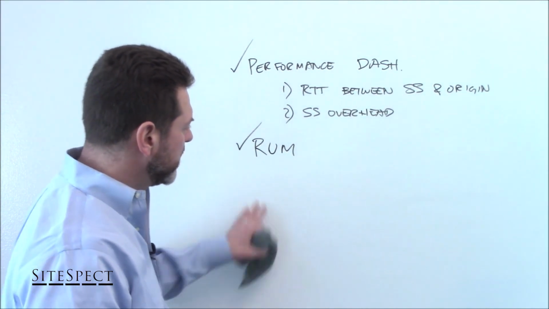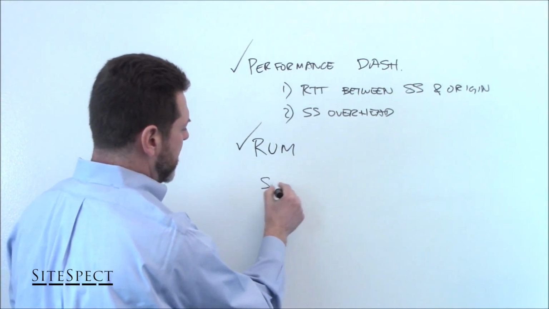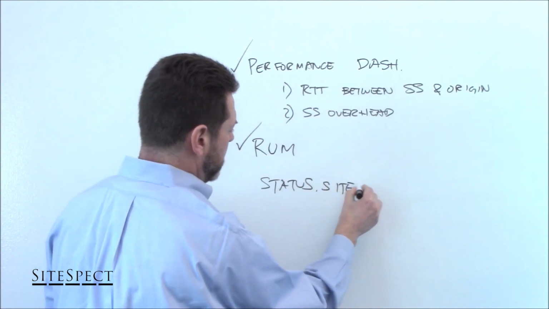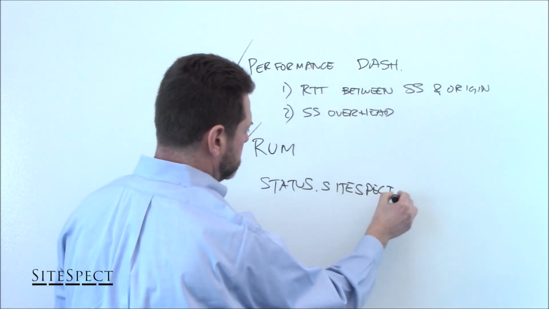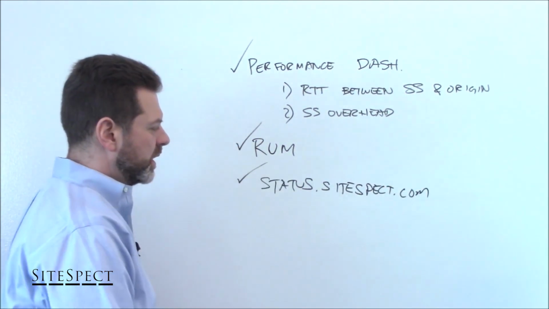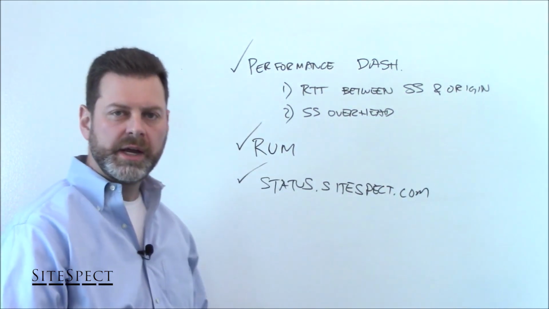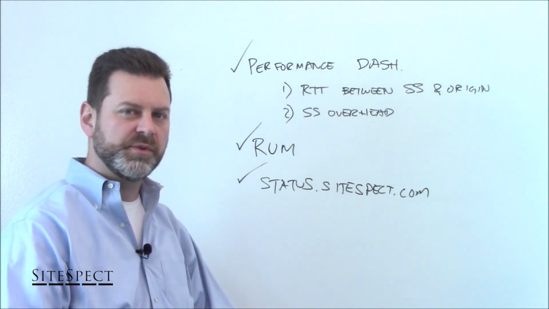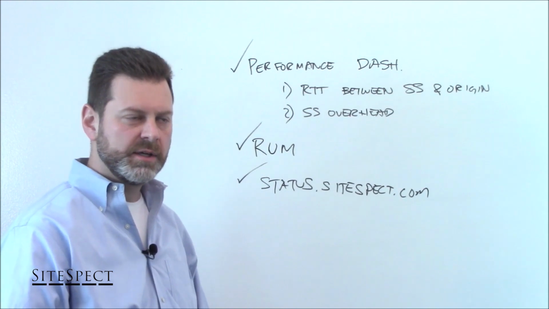Now, the last thing I want to talk about is simply our status page, status.sitespect.com, which is our public status page. You can go there and see all of our operating history for each of our POPs and for each of the functional layers of our product.